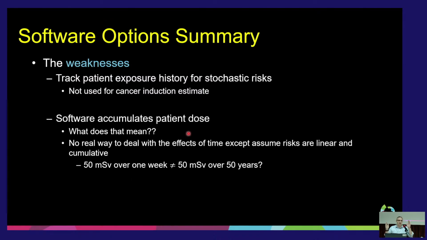We shouldn't say, oh, now he's got a second scan 2 or 3 years later, he has twice the risk. That's just not how risk is calculated. So with softwares that accumulate dose, we have to be very careful how we do that. Personally, my softwares do that, and I don't even look at those reports because they just don't mean anything to me.